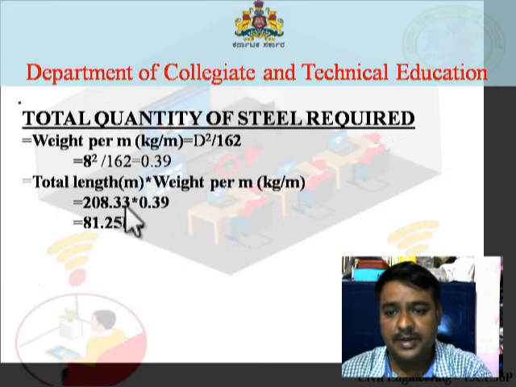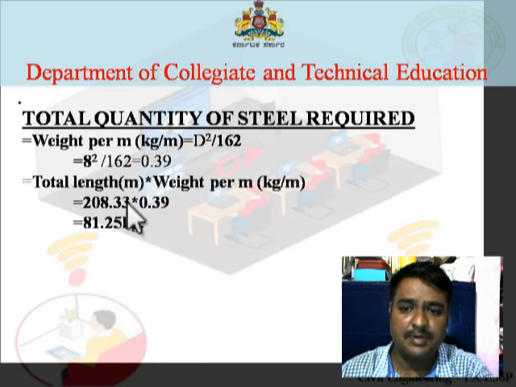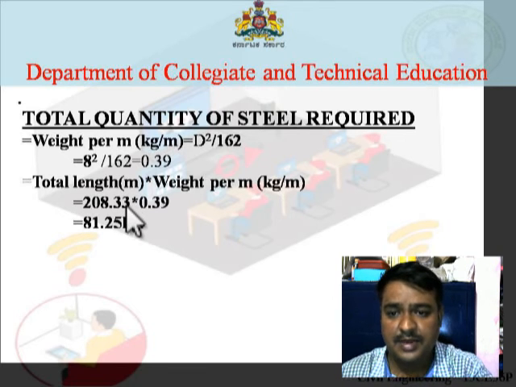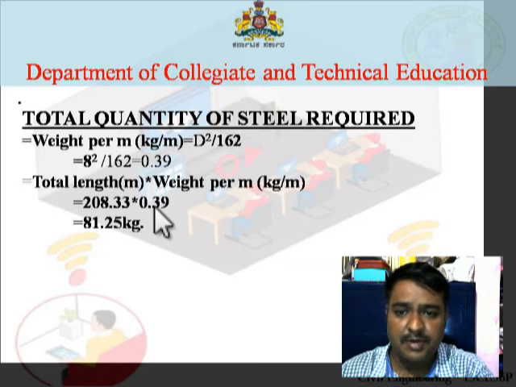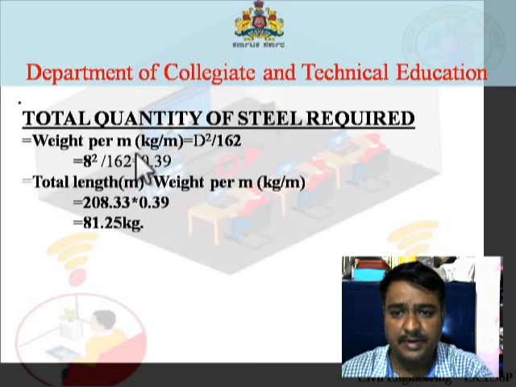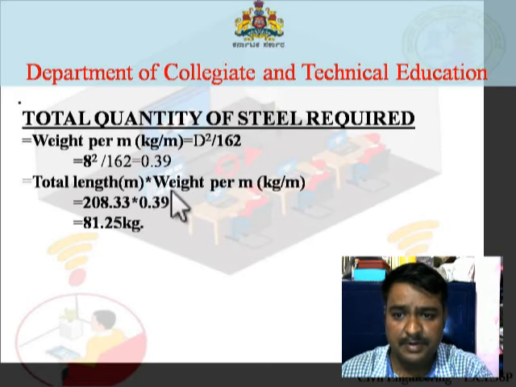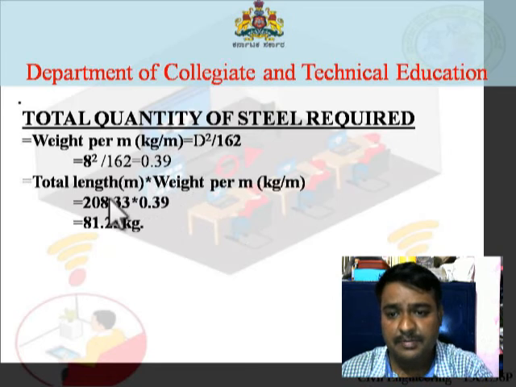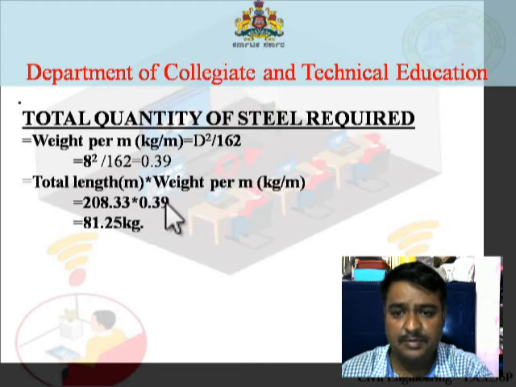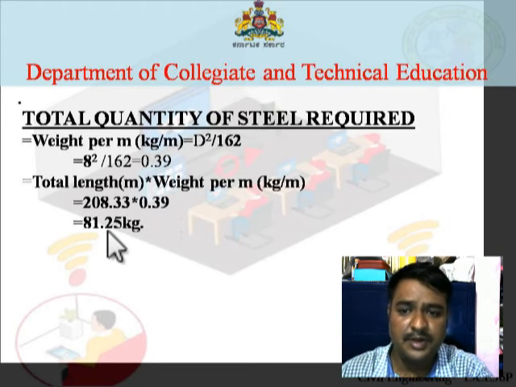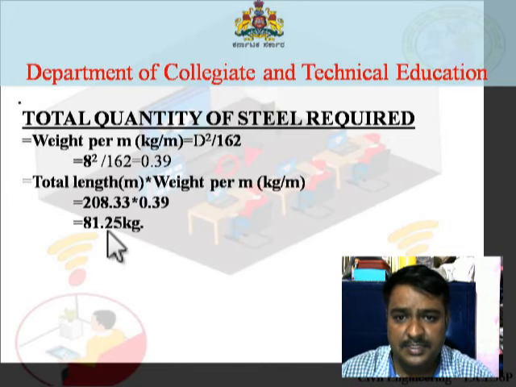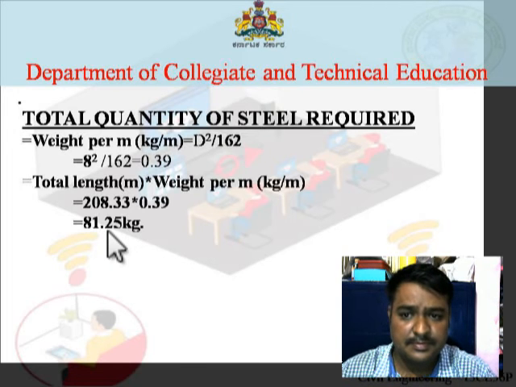It will show in the bar bending schedule, total length of the bars along both longer span and shorter span, into 0.39. 0.39 is weight per meter. It is constant. So you multiply 208.33 into 0.39. It is 81.25 kg. That is the total quantity of steel required for the given slab.